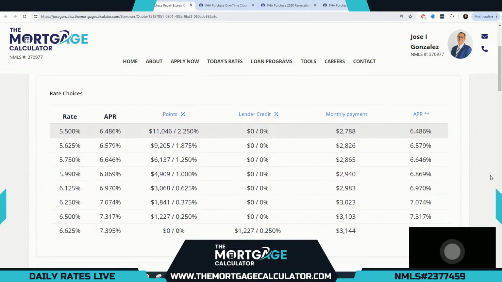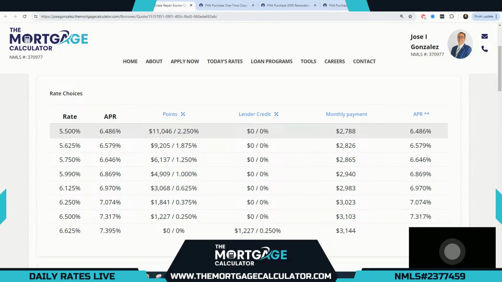But the beauty of it is that it does let you close with the damages rather than have the deal die, as long as the funds are there to escrow, either from the seller or from the borrower, and then close and take care of the repairs after the closing, right? When you already own the home. The borrower is not going to want to do the repairs before they own the home, right? So if they have the money, there's no problem leaving it in escrow and taking care of the repairs after closing. Pretty good rates here considering what we're talking about.